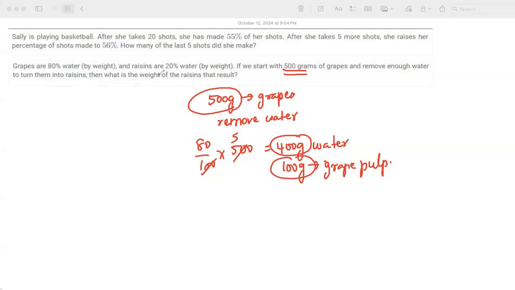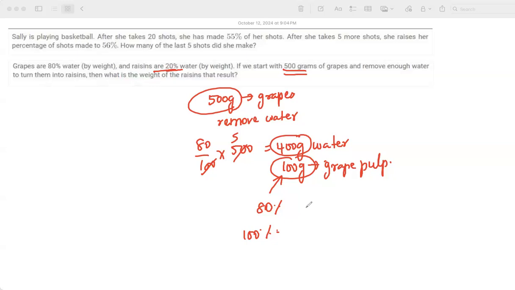Now, for raisins, they're 20% water. So basically, if this was 80%, what is 100%? I need to calculate that.